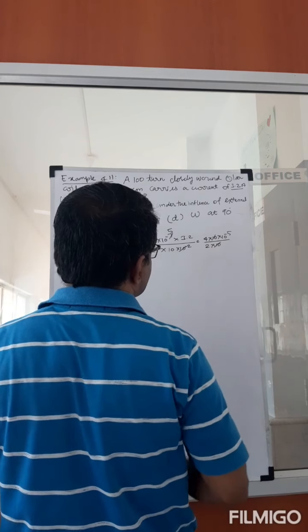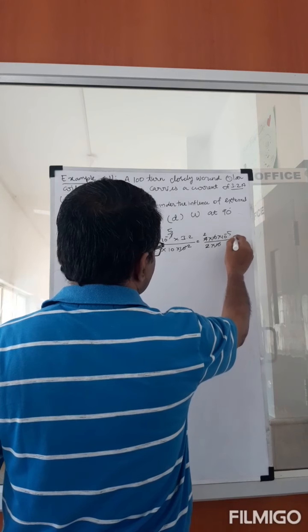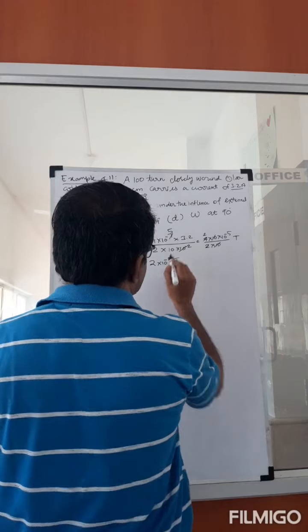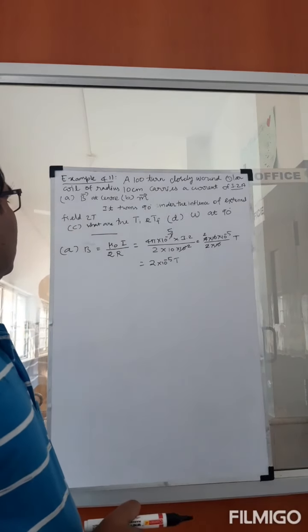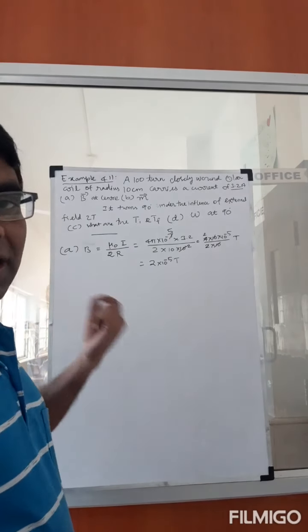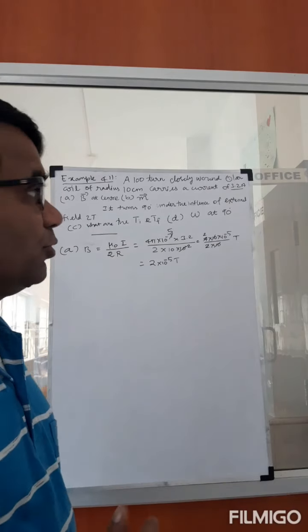This 10 will cancel, and then this will be 2. So you get 2 into 10 to the power minus 5 Tesla. It's a very straightforward application of the formula. You take the values and substitute them in the formula, then you will get the answer. So nothing great about this part.